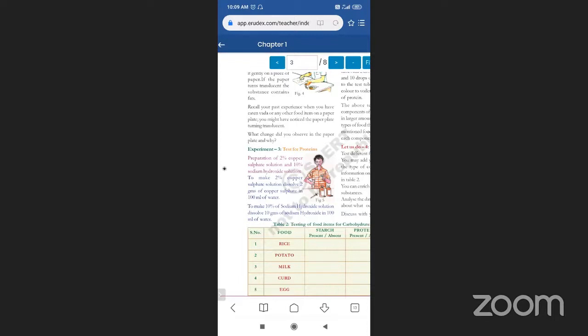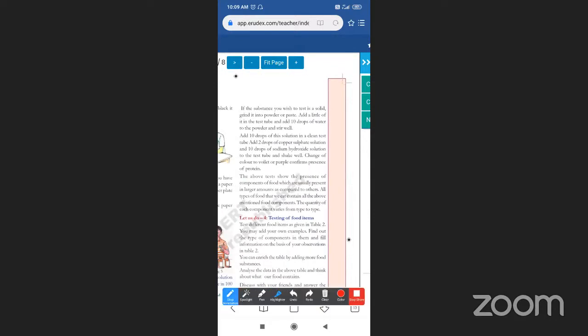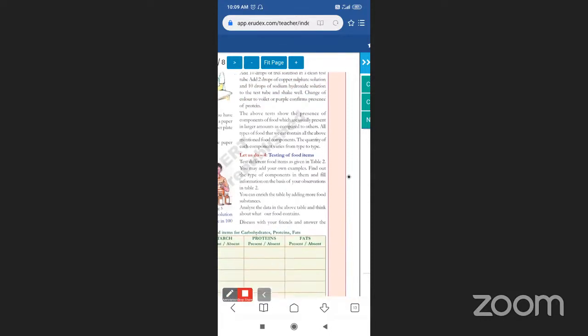We need to add to the food item the chemicals, 2 drops of copper sulfate solution and 10 drops of sodium hydroxide solution. When you shake the test tube, we can see within seconds the formation of a violet or purple color. This confirms that protein is present. Until this, we discussed in the last session.